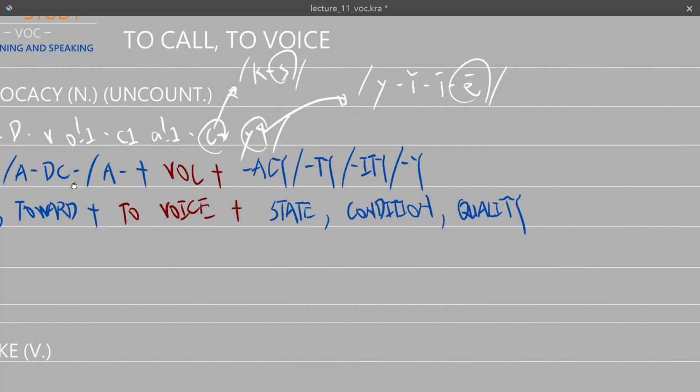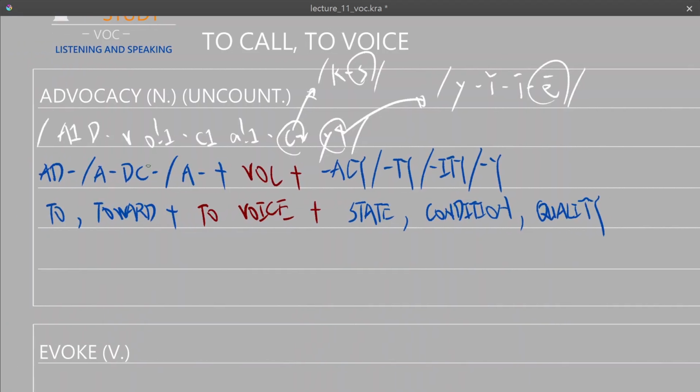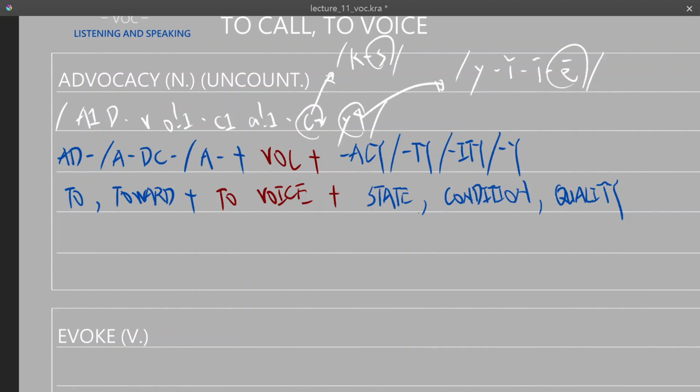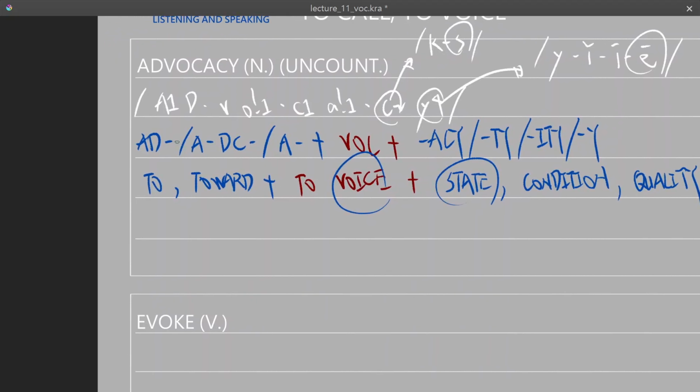Cool. So advocacy literally means what? It means the state of voicing something.